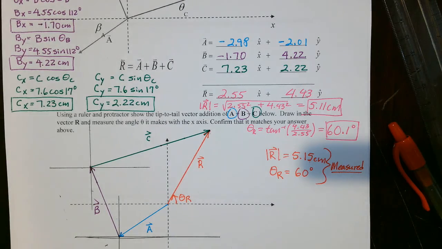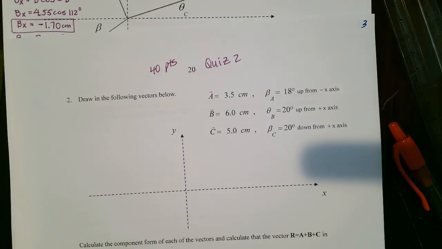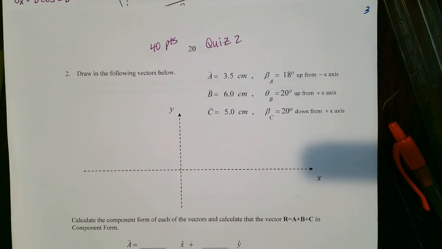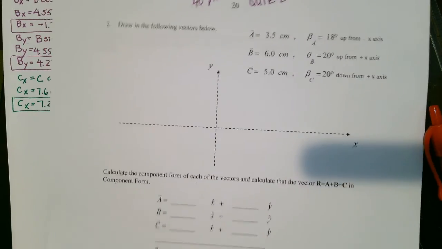And we have 12 minutes, so maybe 15, 18 minutes. Yeah, we have plenty of time. So here's what's happening. I would like you to now show me that you know what you're doing. And this is your quiz, page 20 and page 21.